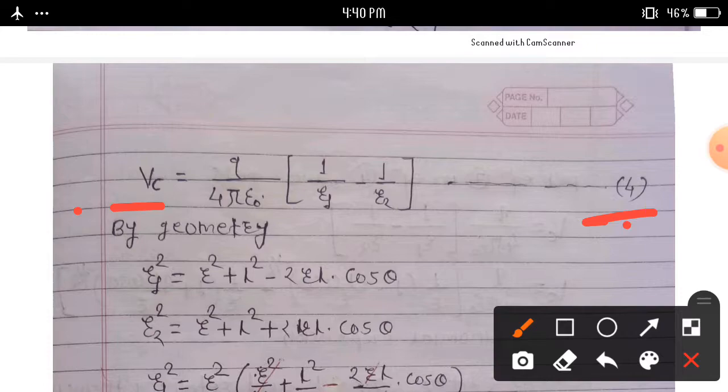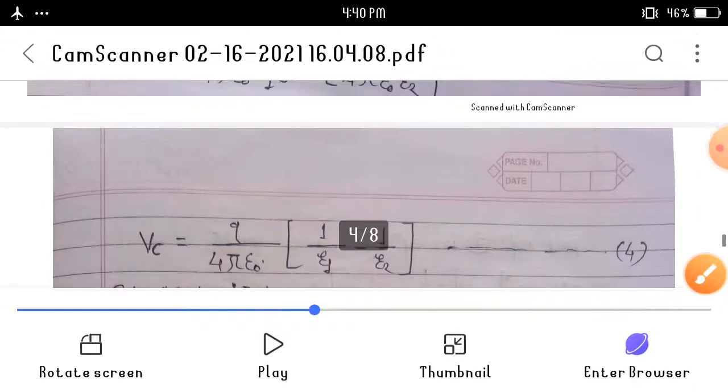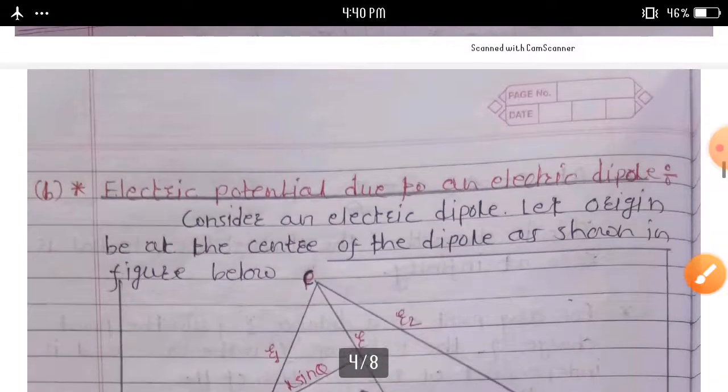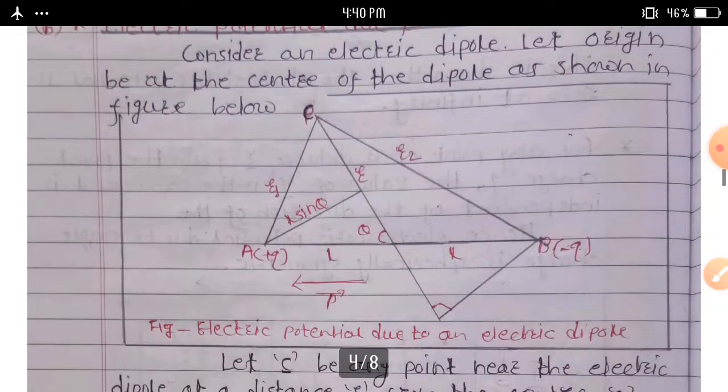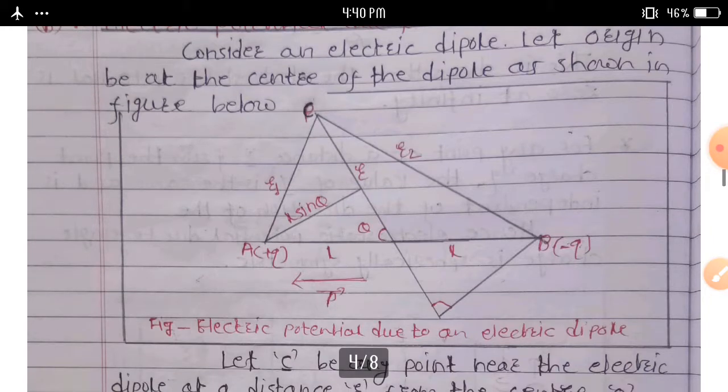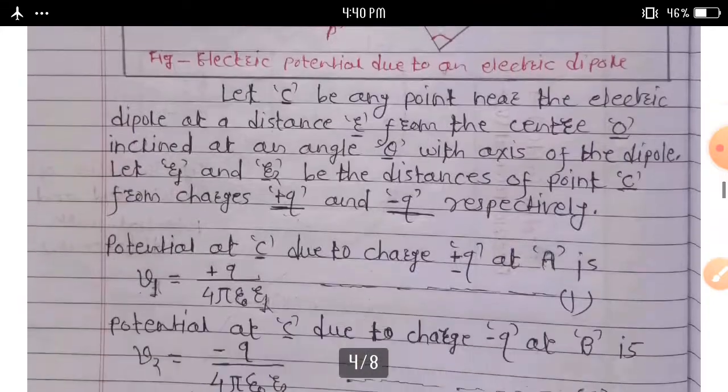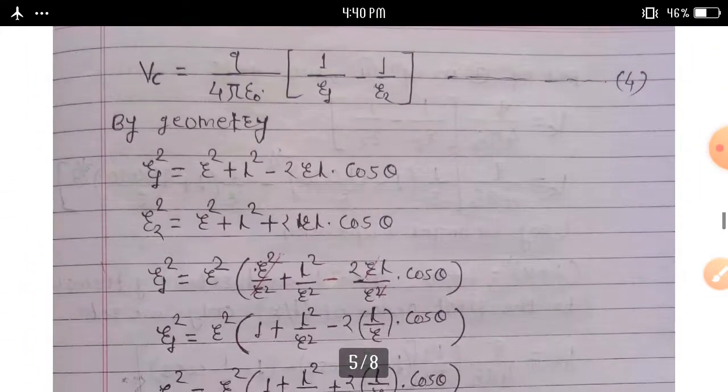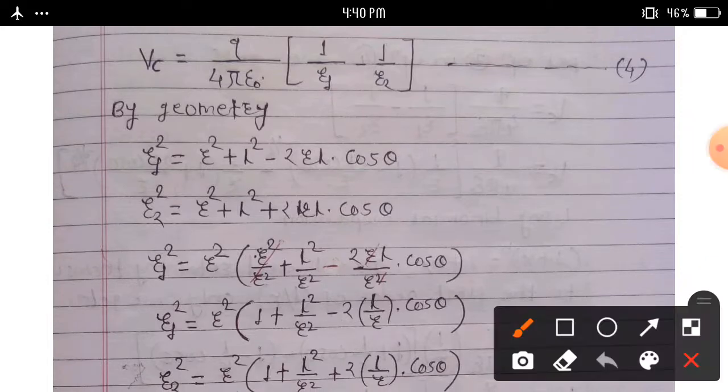By geometry, see this diagram, we can write r1 square is equal to r square plus l square minus twice r l cos theta.